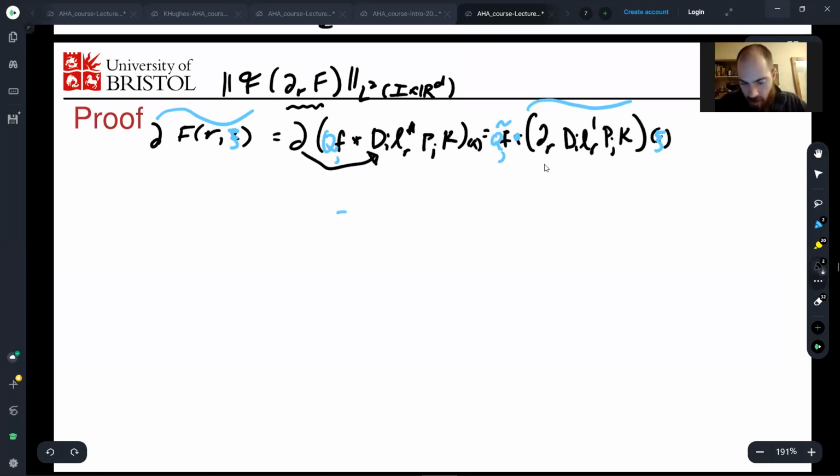Let's do this. What I want to say is the Fourier transform of the dilated projection kernel, the Fourier transform of that at xi, right? Well, this is equal to doing the derivative afterwards.